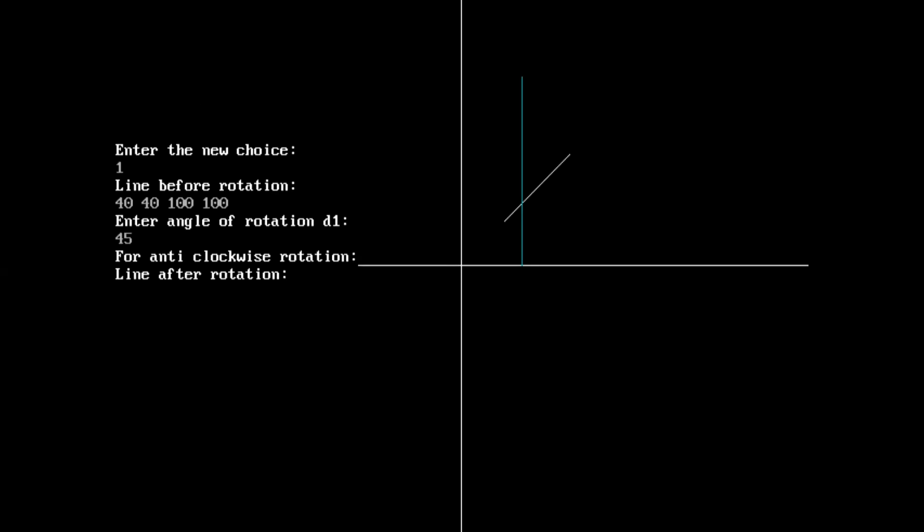So anti-clockwise rotation, we are finding it out.